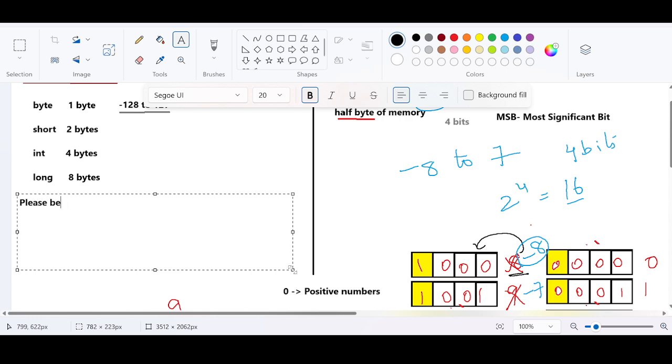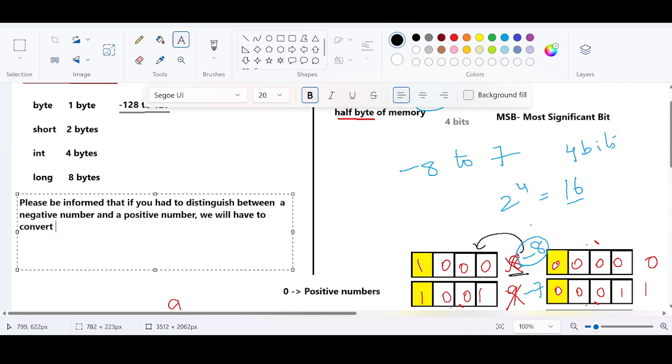Please be informed that if you want to distinguish between a negative number and a positive number, we will have to convert.